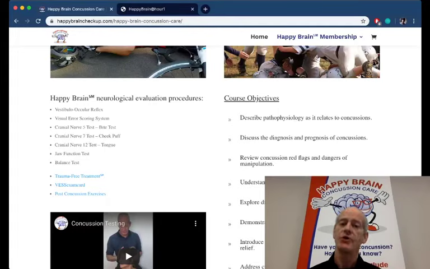By the way, the future of the cranial nerve 5 bite test is having a dynamometer, a measuring device, so we can have the patient bite on this sensory probe and compare their bite power on the left side versus the right side. We can document how many pounds of force they're able to produce, left side versus right side, so we get a comparison.